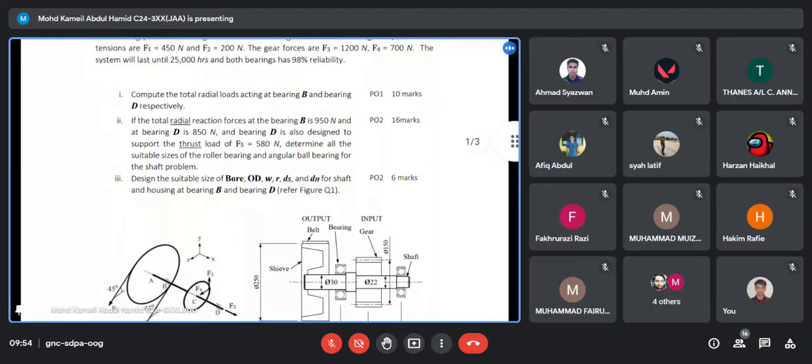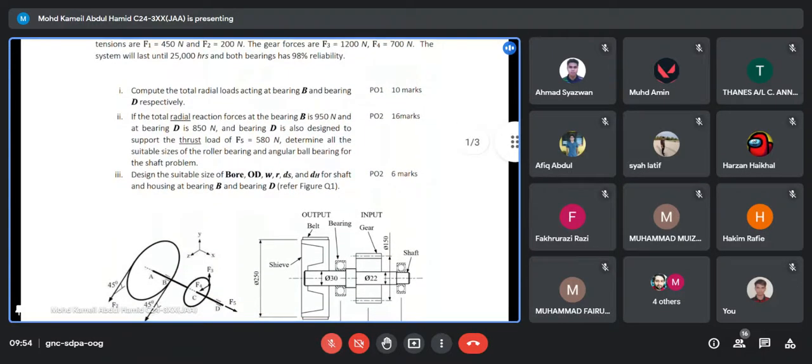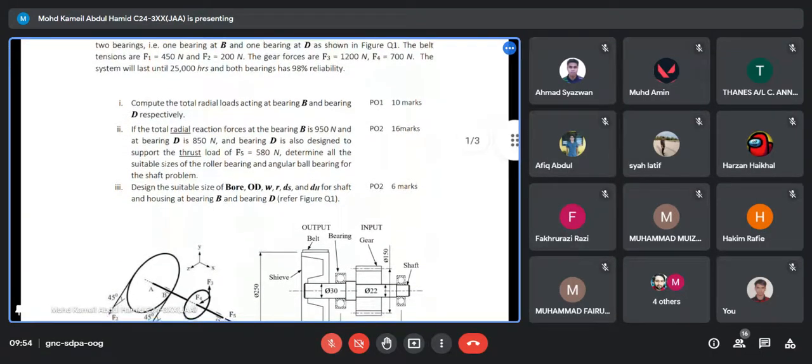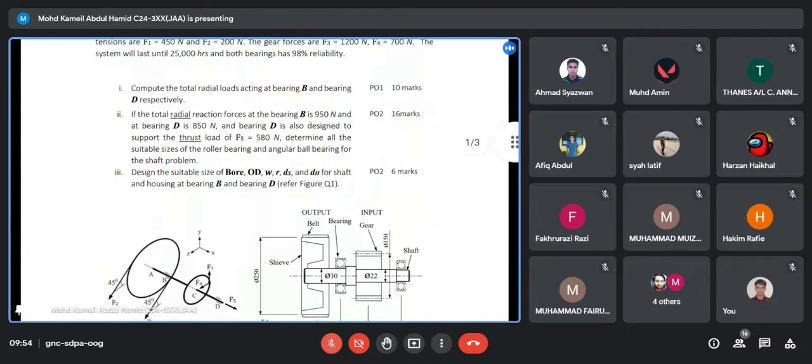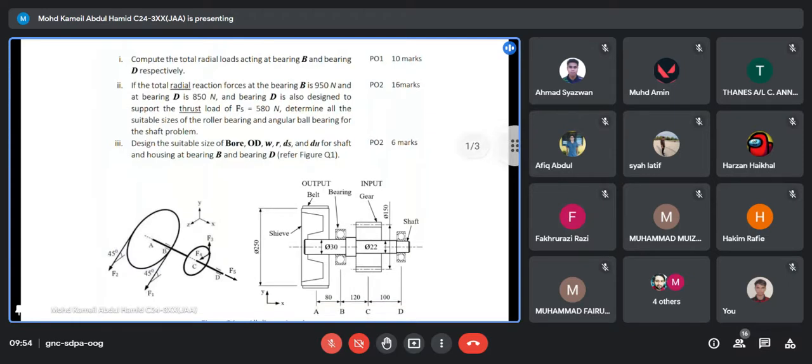The gear forces are F3 1200 Newton, F4 700 Newton. The system will last 25,000 hours and both bearings have 98% reliability. Compute the radial load acting at bearing B and bearing D respectively.